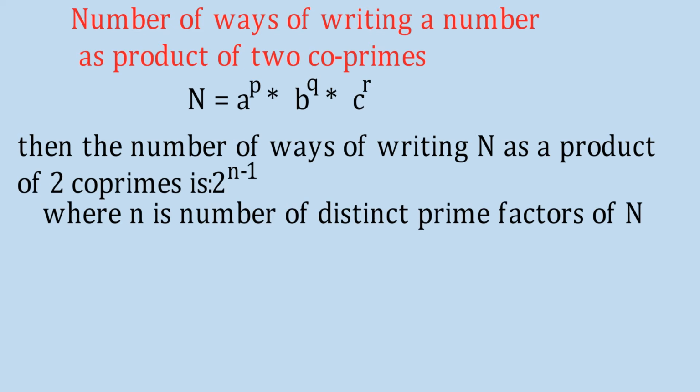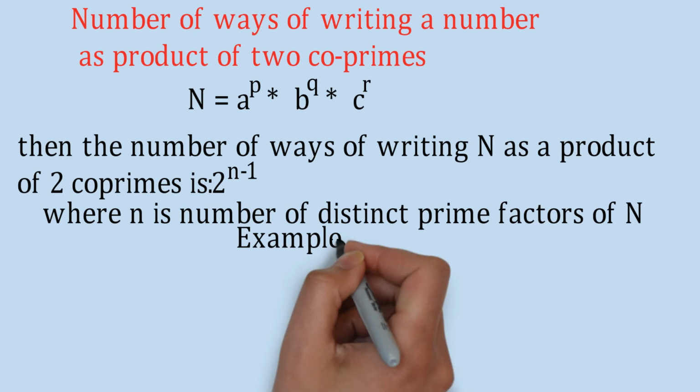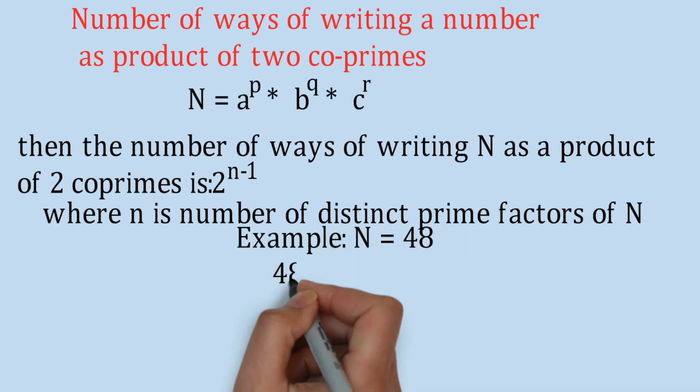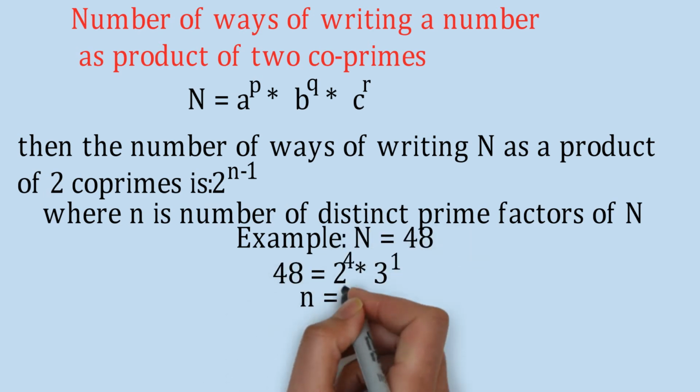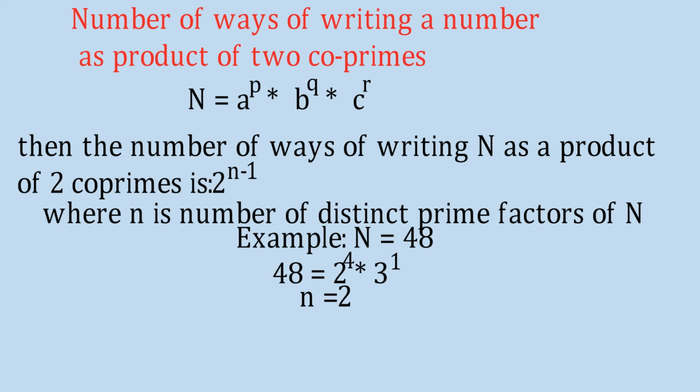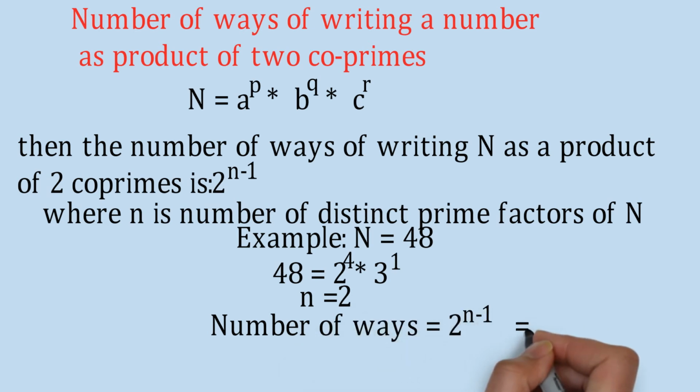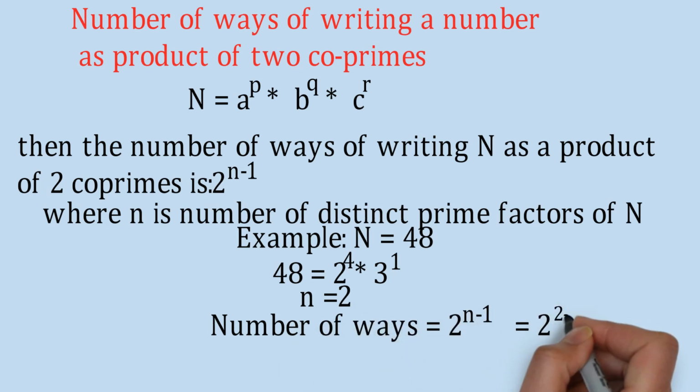Let us see an example. N equals 48, then 48 equals 2 raised to the power 4 into 3 raised to the power 1. So small n equals 2, which is the number of distinct prime factors. The distinct prime factors are 2 and 3. So the number of ways will be 2 raised to the power n minus 1, that is 2 raised to the power 2 minus 1, equal to 2.